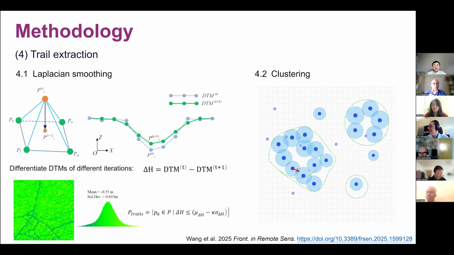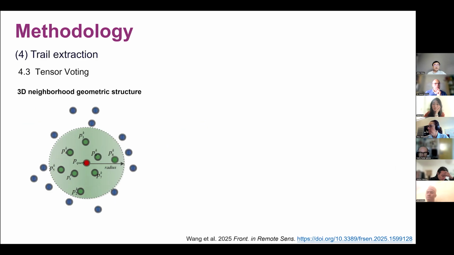Then for the clustering step, the initial trail points are input, and a spatial neighborhood clustering is performed to group the trail points into clusters. The next step is using tensor voting on the obtained clusters. First, the neighboring geometric structure around a point in 3D can be represented by an ellipsoid.